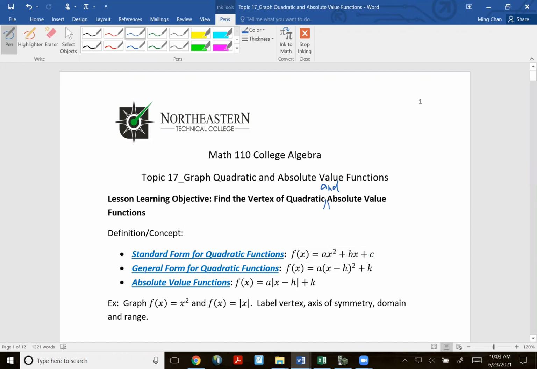There's another form, the general form, for a quadratic function: a times parenthesis x minus h, whole thing squared, plus k. And the absolute value function has this standard form: a times absolute value of x minus h, plus k. I'm going to graph both of them in the graphing calculator, and talk about the vertex, axis of symmetry, and so forth.